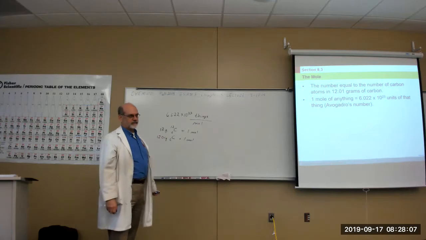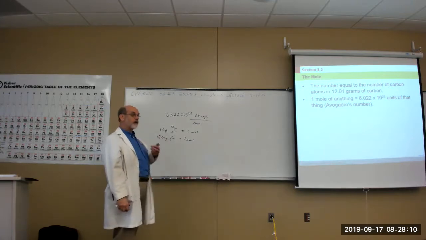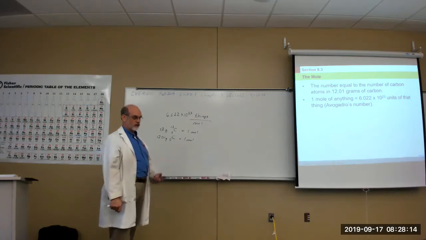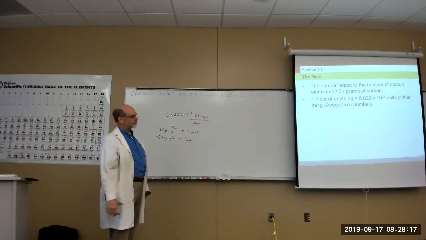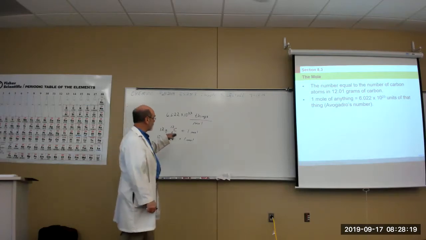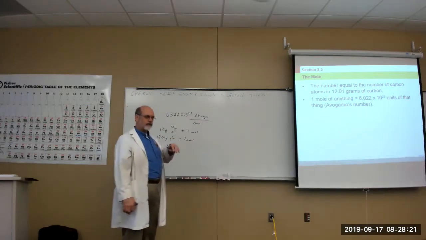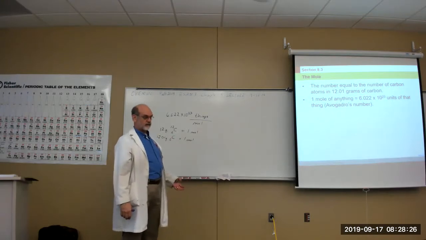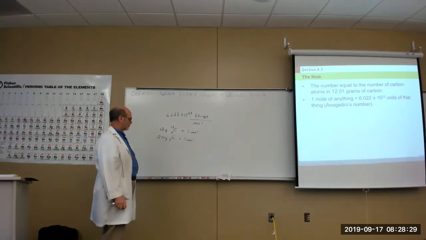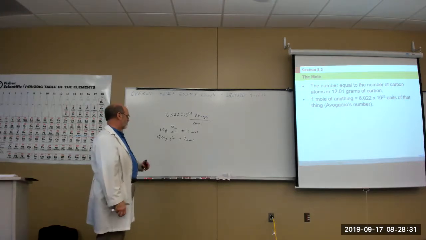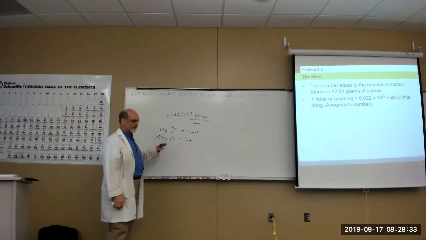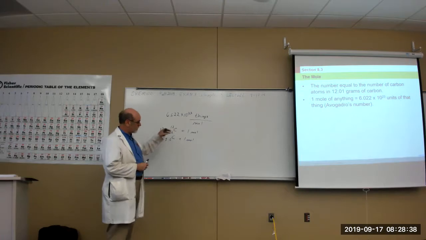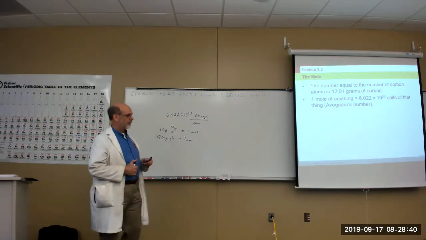Now we know numbers of atoms, numbers of molecules that go into a reaction, rather than just masses. But we need this unit of measure, mole, in order to handle our atoms and compounds. Anything approaching the size of an atom in numbers is just too small. We can't handle it. So we need this large amount.